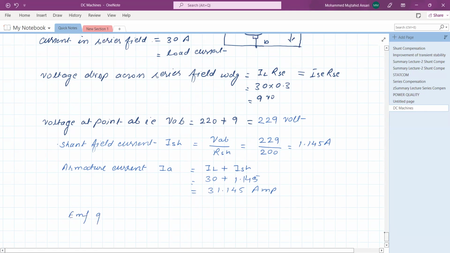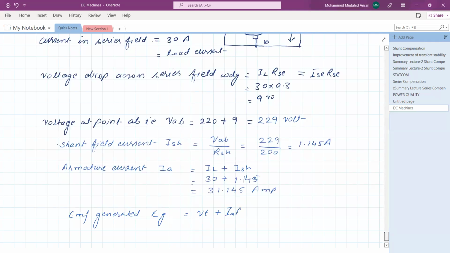The EMF generated EG is equal to VT plus IA RA plus ISE into RSE plus brush drop.